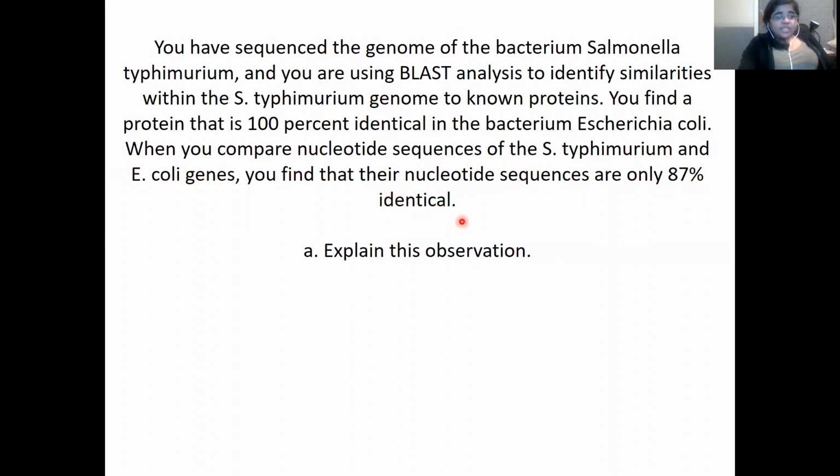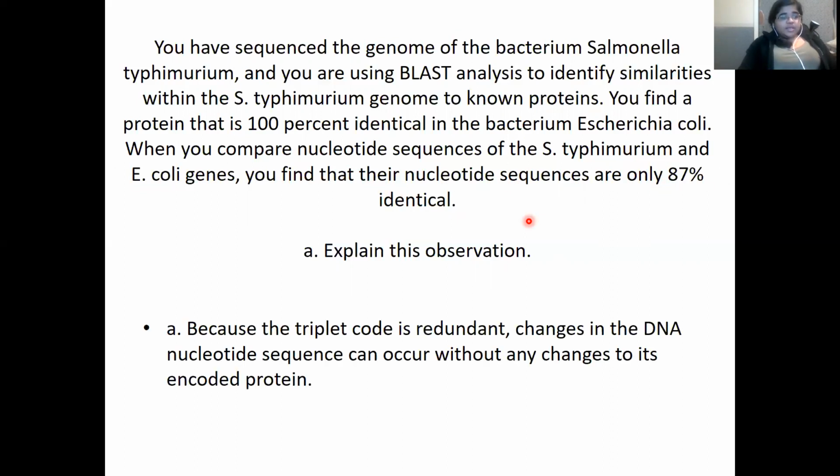So why do you guys think that this is 87% identical? Because, as we remember, our genetic code itself, or the triplet code that we use, is redundant, and any changes in the DNA nucleotide can occur without changing the sequence for the protein itself, right?